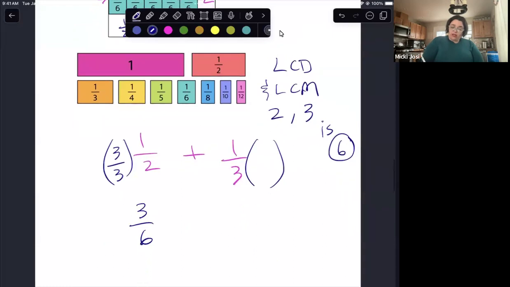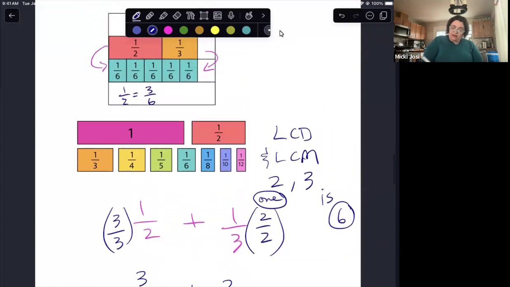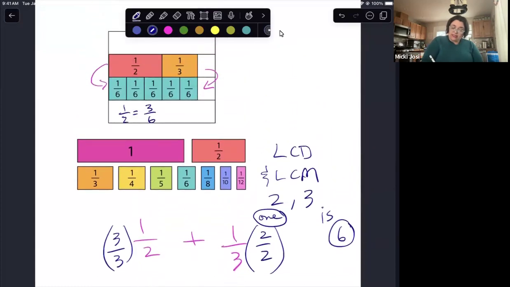And then if I multiply this fraction by 2/2, so essentially I'm multiplying by 1 whole, because 2/2 is the same thing as 1 whole, we get 2/6. And then we can look at the picture here, and I can see that 1/3 is equivalent to, we call this an equivalent fraction, 2/6.